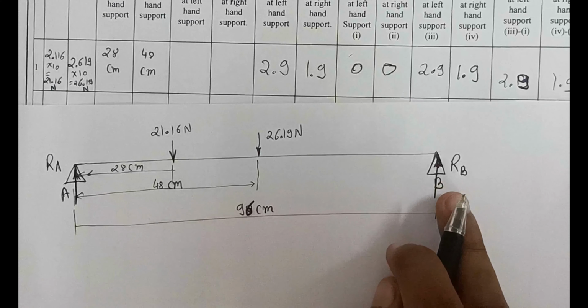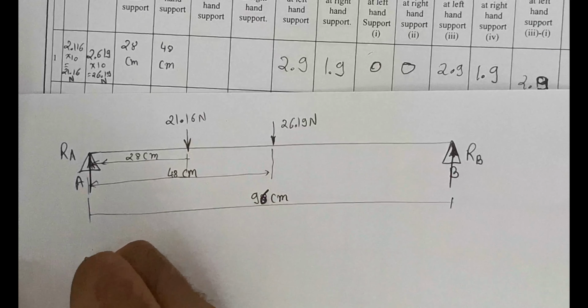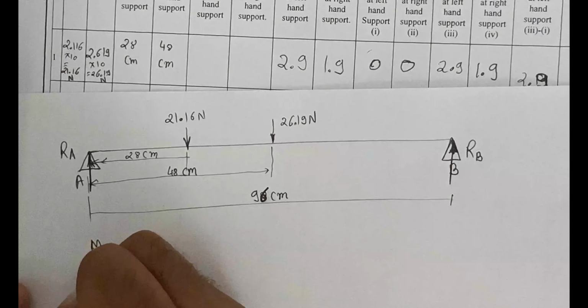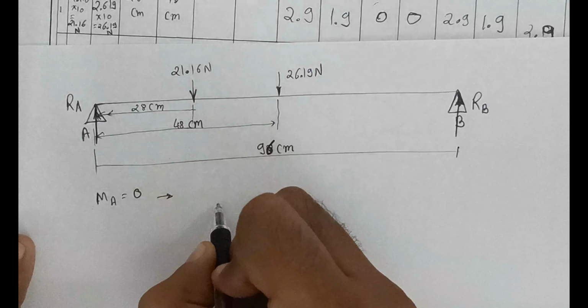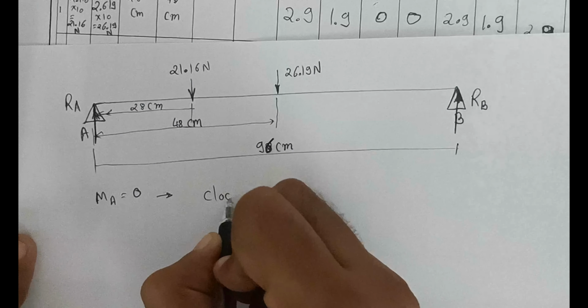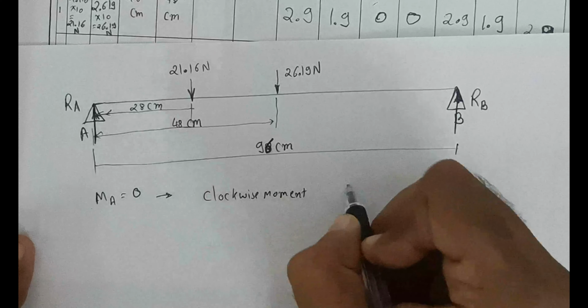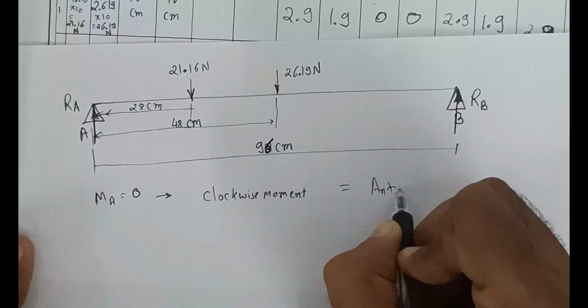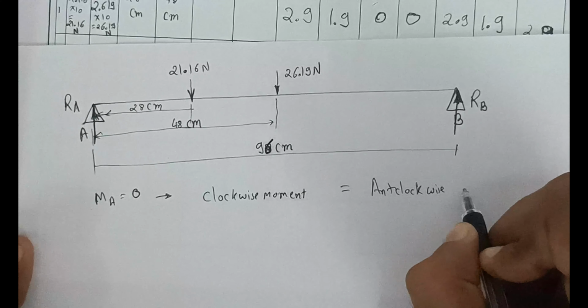Now we will calculate RA and RB. As we know, the moment at A equals 0, which implies the clockwise moment equals the anti-clockwise moment.